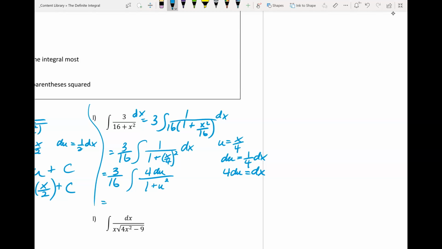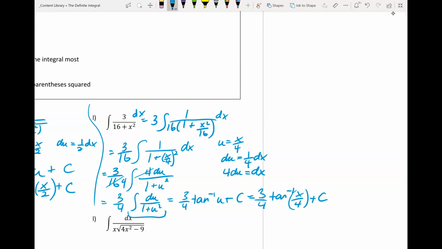I can move this 4 to the front and cancel it out with a 16. So now we're left with 3 over 4 du over 1 plus u squared. This now looks like tan inverse once we integrate. And lastly, I'm going to put the u back in. And there you go, we're done with that one.